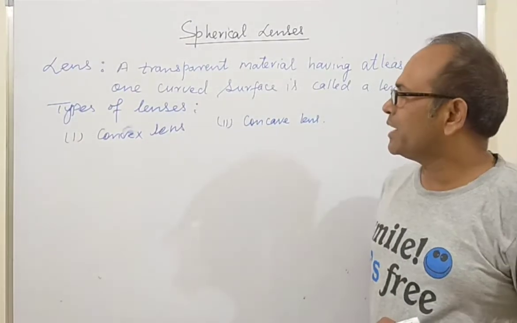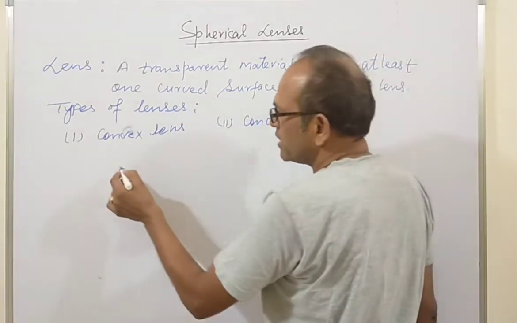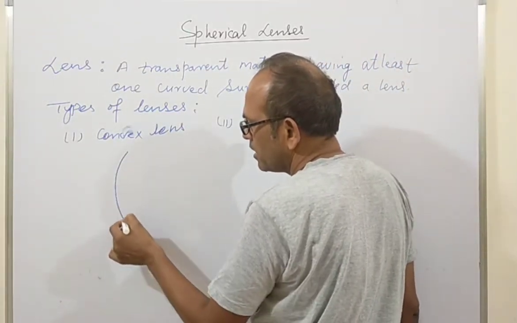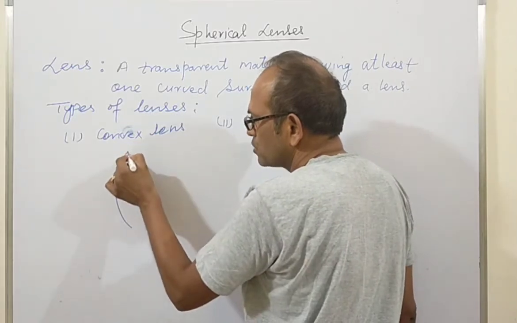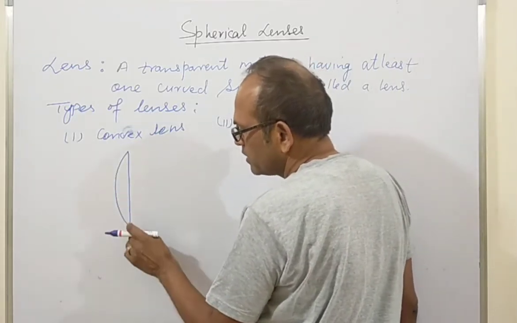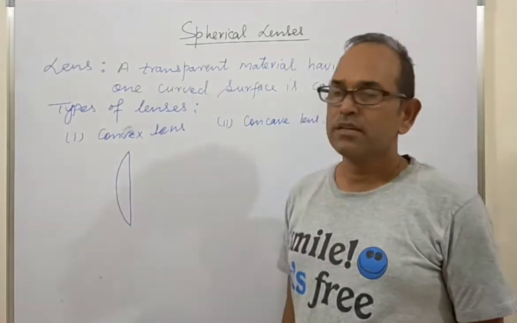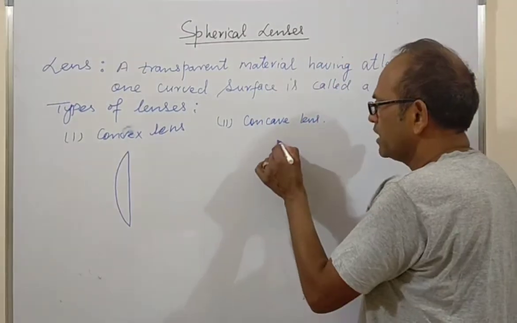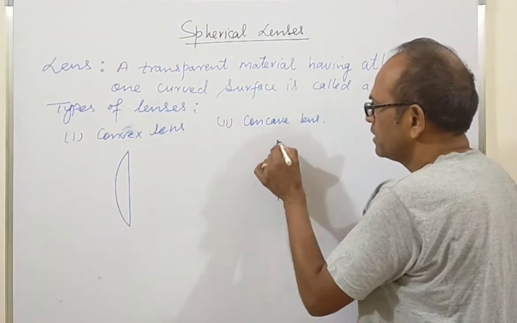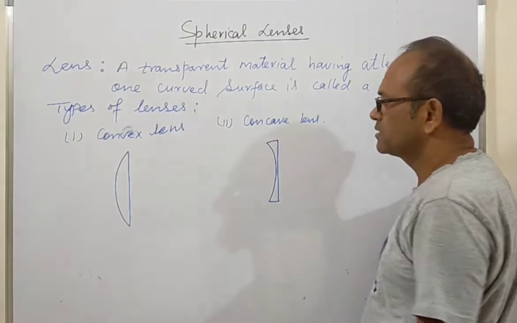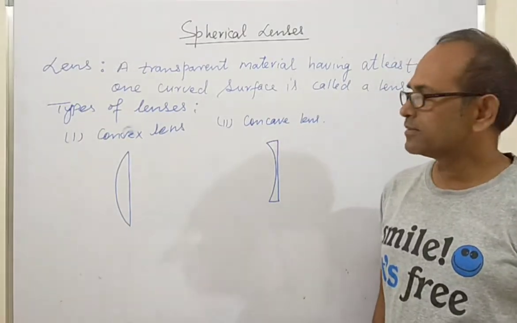Okay, depending on the surface. So as I told you, a convex lens is externally curved. So student, this is externally curved, and concave lens is internally curved. This is a concave lens.